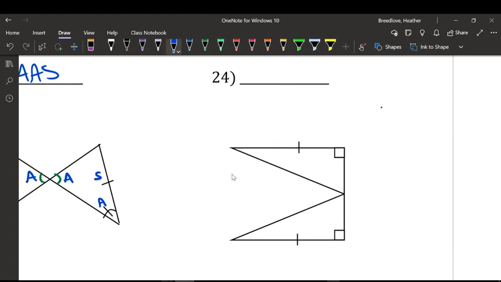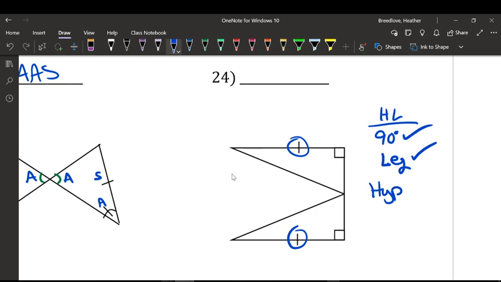For hypotenuse leg, you have to have a 90-degree angle. You have that. You have to have a leg marked. Do you have a leg congruent? Yes. And you have to have the hypotenuse marked as congruent. Is the hypotenuse marked congruent? Nope. So it failed the HL test. It's not HL.